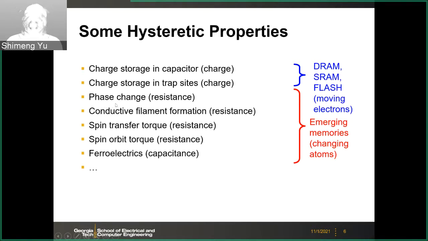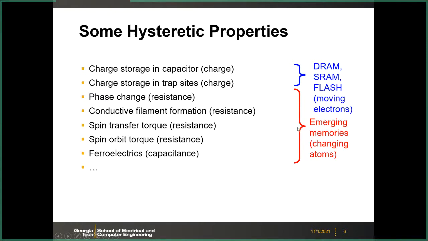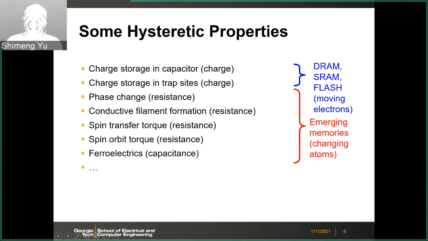You can rely on the phase change of the material, or rely on the conductive filament formation, or rely on the spintronic effect to change the resistance. So those processes involve changing the atom in the material, and we are going to discuss in the next.